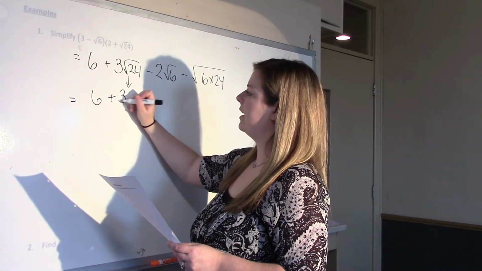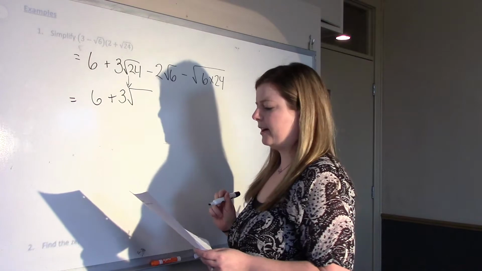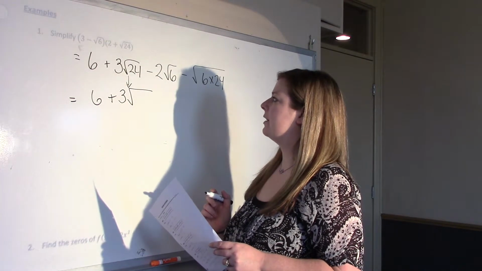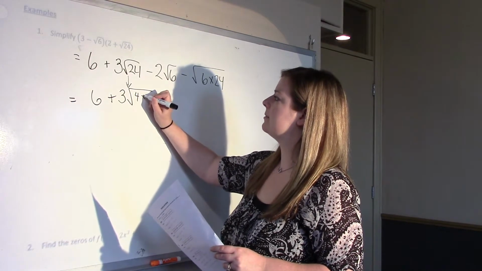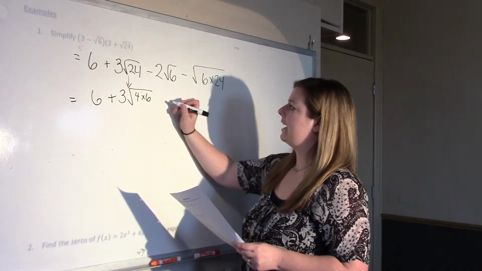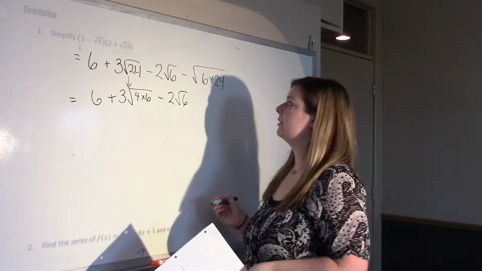Okay, so we have 3 on the outside, and we can rewrite 24 with a perfect square. Okay, so we can rewrite it as 4 times 6. Okay, and root 6 cannot be simplified any further.